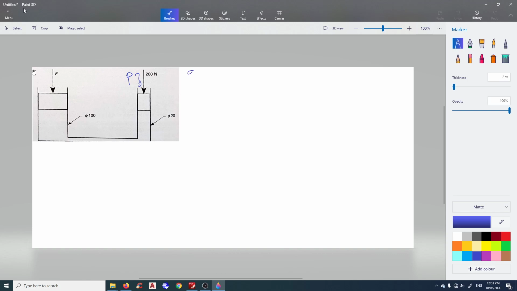So question A, do you remember? Pressure, in this case the fluid, is equal to force divided by area. What is the force in here? So this is the fluid there, the fluid being forced by 200 Newton.